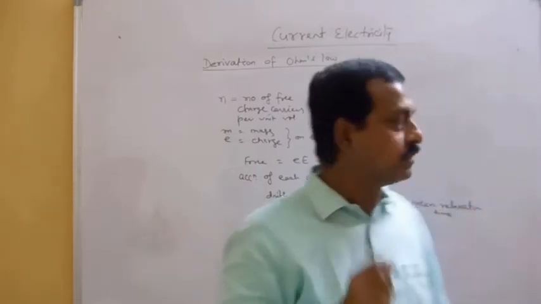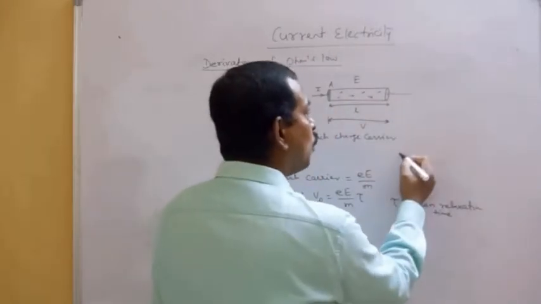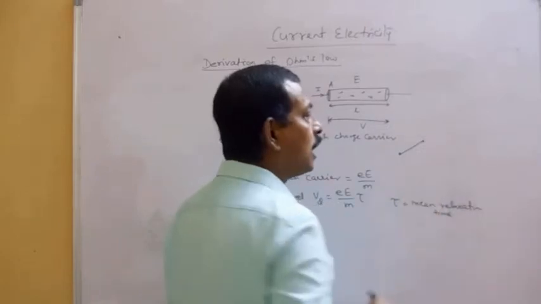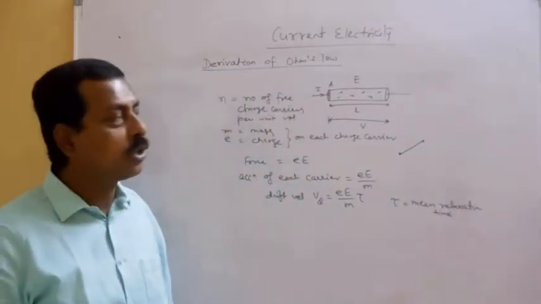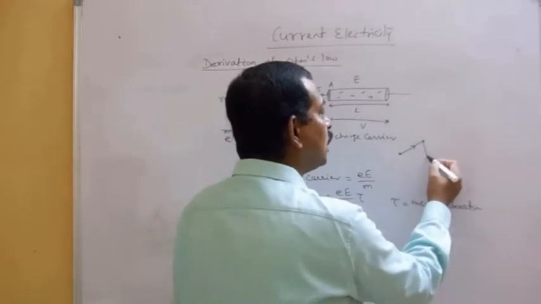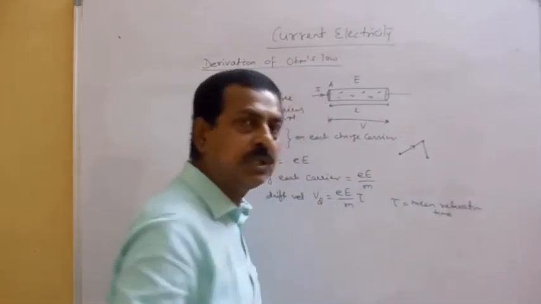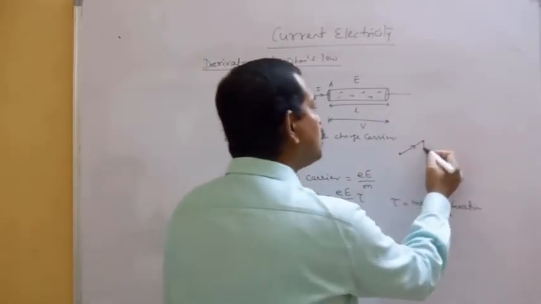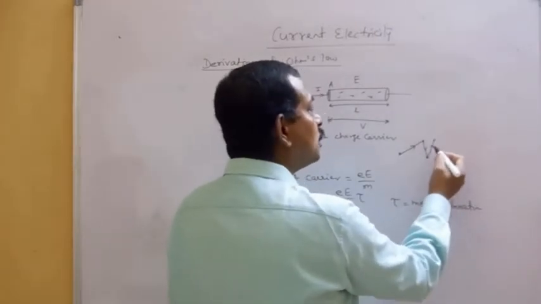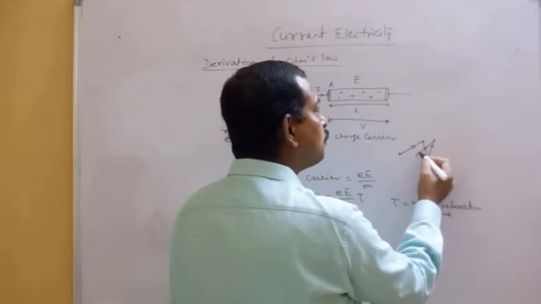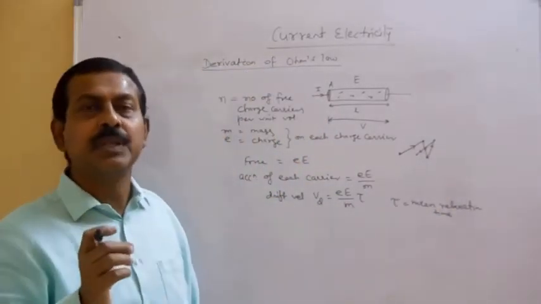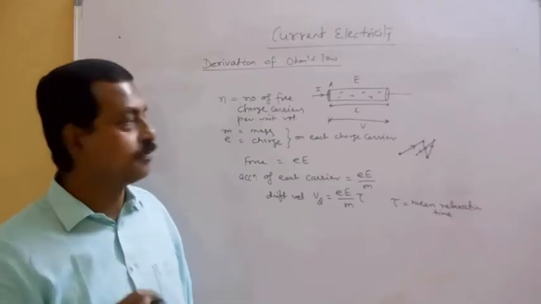Suppose you have one free electron here, it is moving, it is colliding with other free electron or the ionic core, then it is changing its direction. Now here it suffers another collision, again it will change its direction, suppose it goes like this. So that way it will suffer different collisions and it will be moving there in a specific direction.